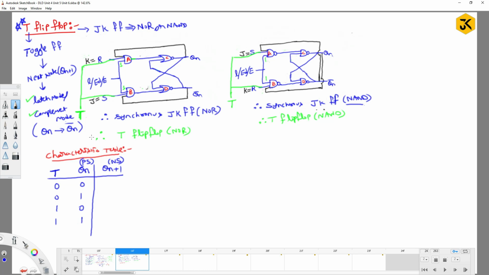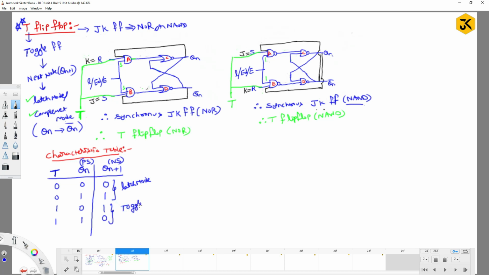Guys, in a T flip flop, when the T value is 0, Qn remains as usual in the next state also. So I can call it latch mode, or I can say it is the latch state. Similarly, when you have 1 as input at the T side, you are going to get toggling.